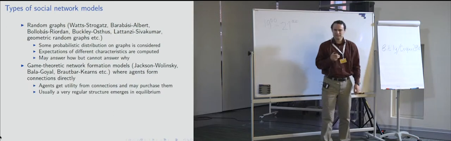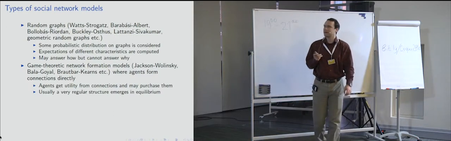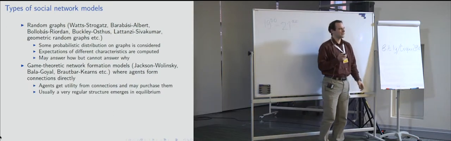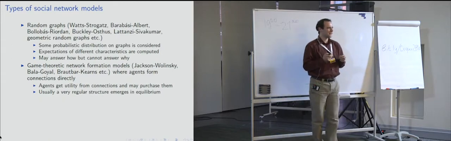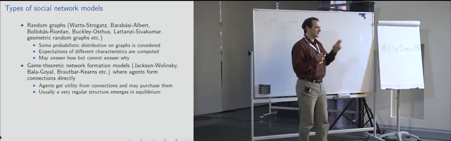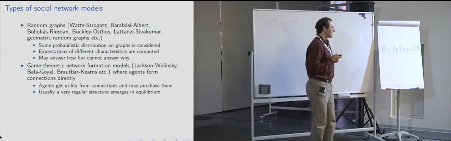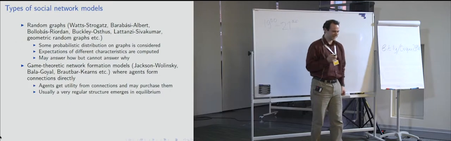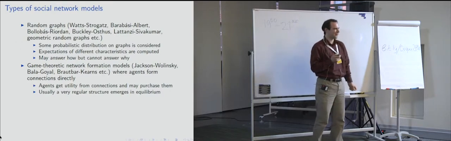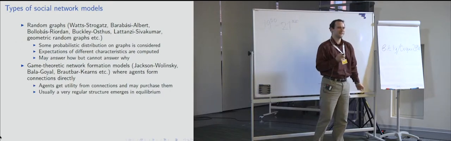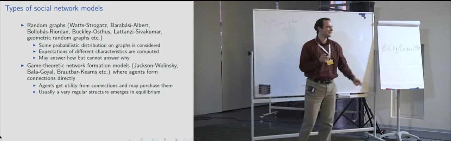But usually, in these models, a very regular structure emerges, like a complete graph, or a cycle, or a star, or something like this. So they do not have all the nice properties to a very large extent.